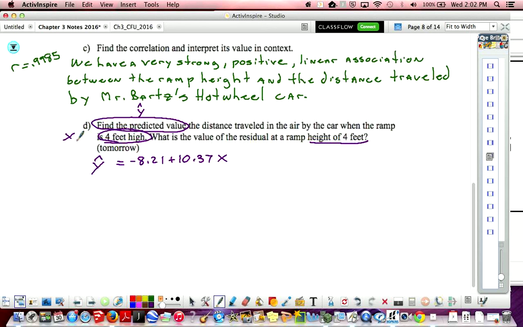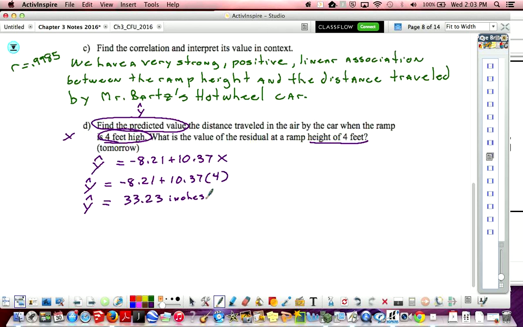So that's our x. So y hat equals negative 8.21 plus 10.37 times 4. If you plug that in your calculator, did anyone get it? It's like 33 something. 33.23. And what units is it?